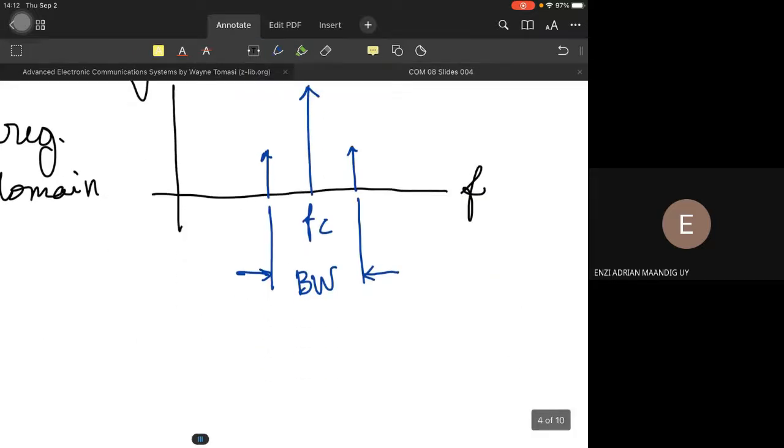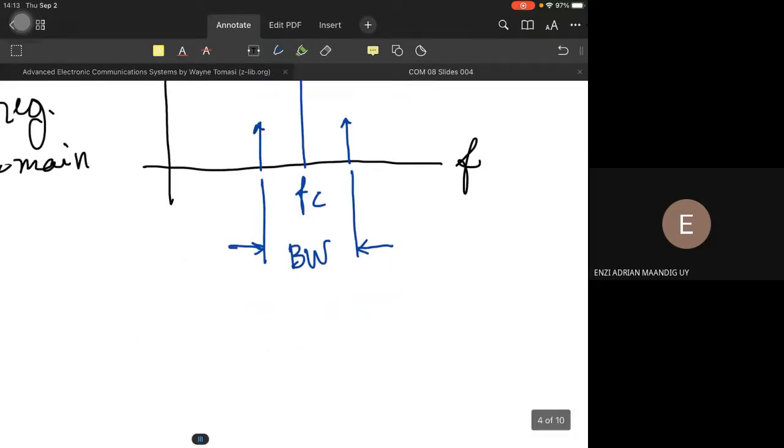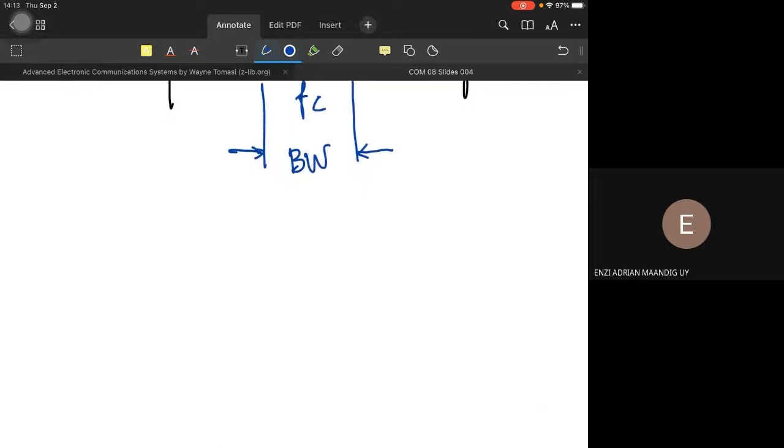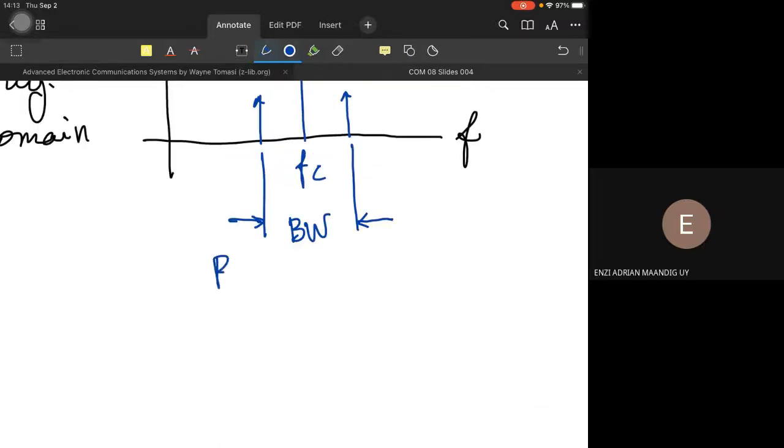So bandwidth is equal to data rate over n.